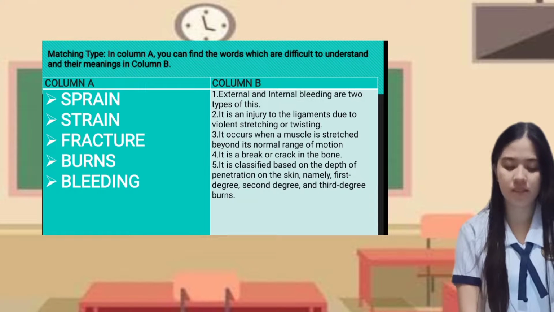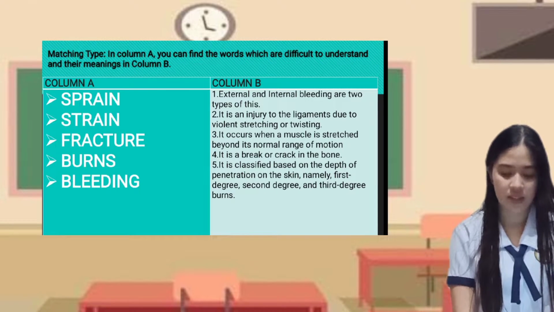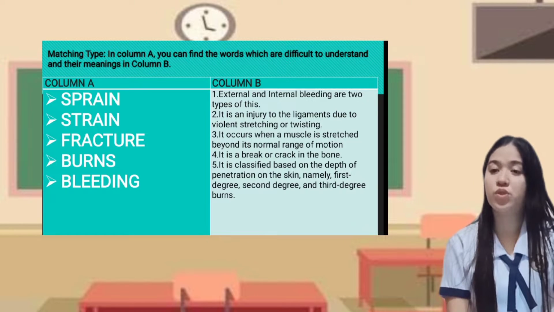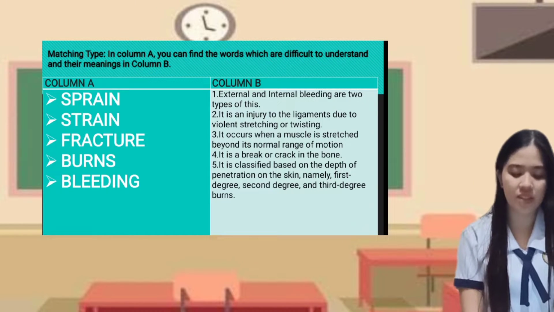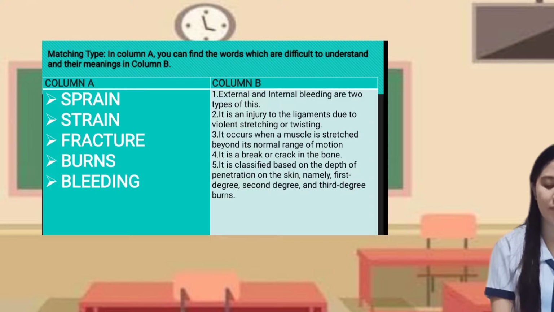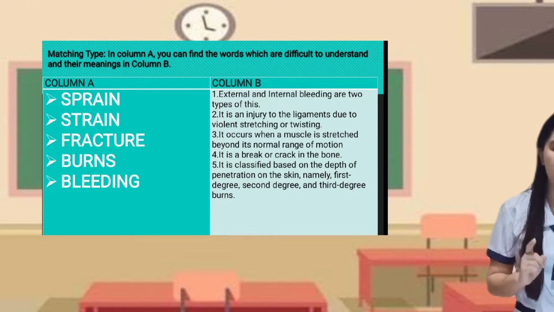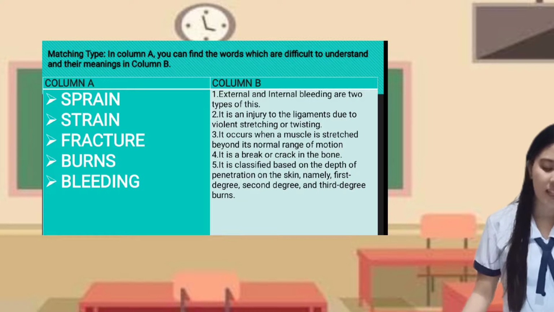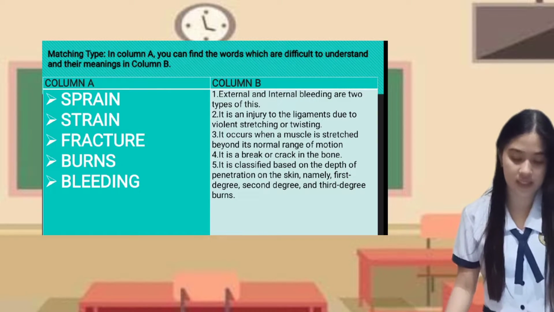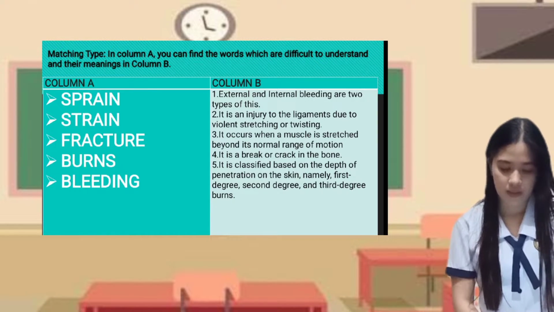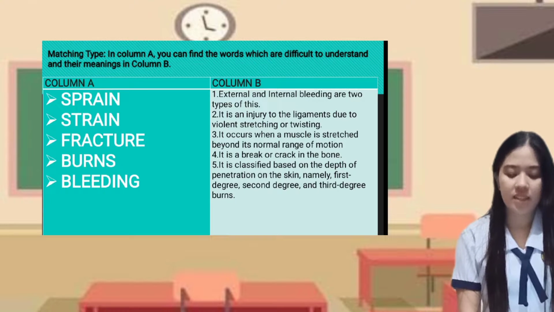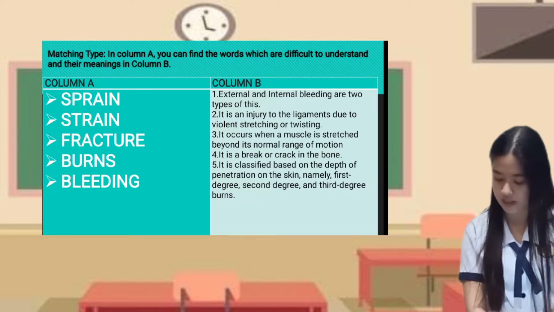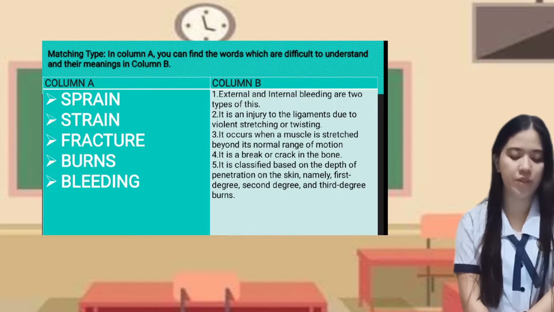Number 4 is burns. It is classified based on the depth of penetration on the skin, namely first degree, second degree, and third degree burns. And lastly, bleeding: external and internal bleeding are two types of this. Very good.